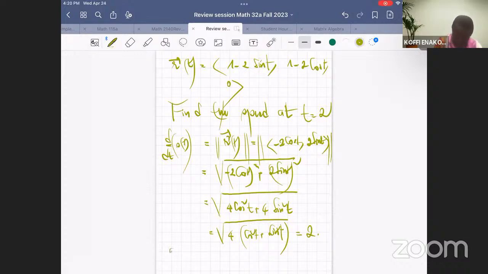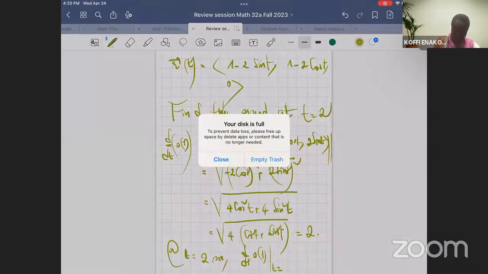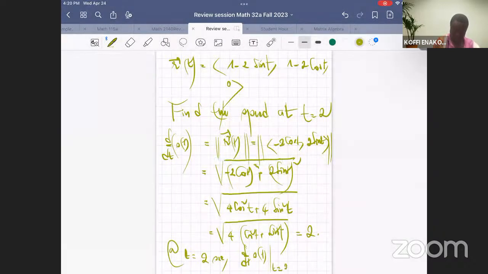Since it's constant at 2, at t equal to 2 seconds the speed, the derivative with respect to t of s, is just a constant.